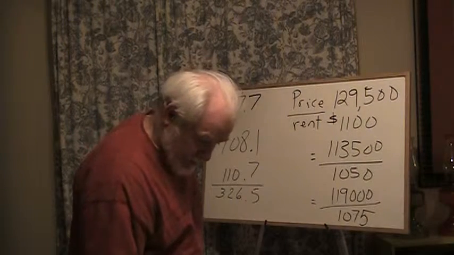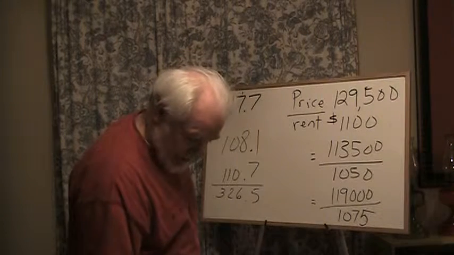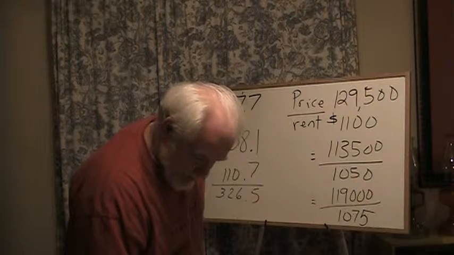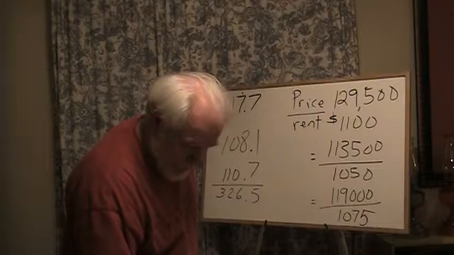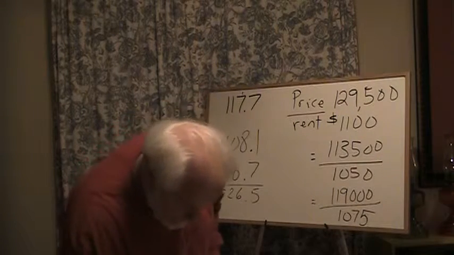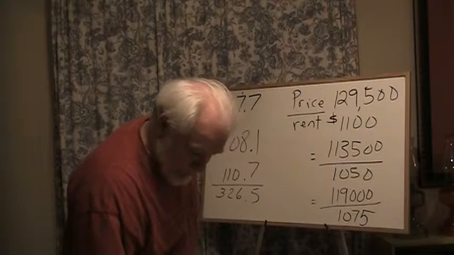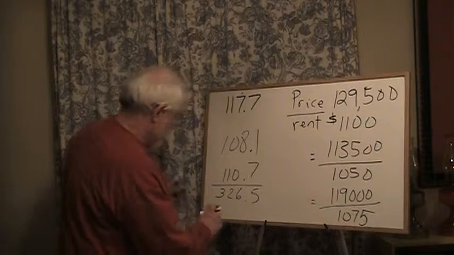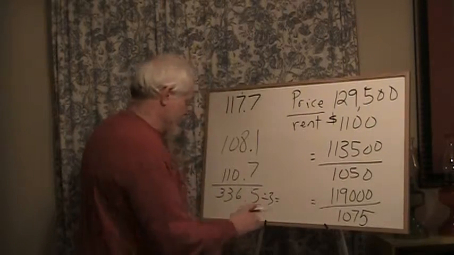Use your calculator. 117.7 plus 108.1 plus 110.7 equals, oops, I'm glad I used a calculator, 336, and then divide that by 3.